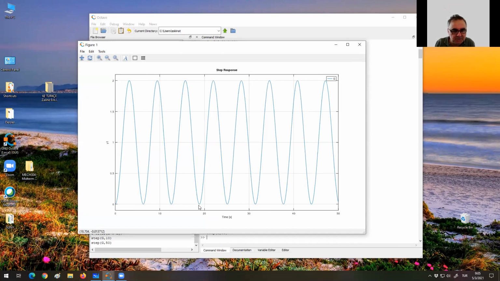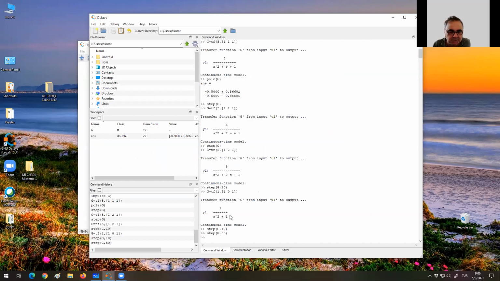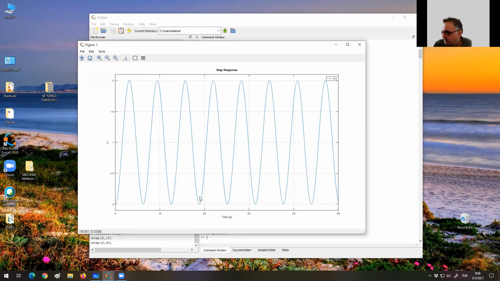And the period of oscillations is something like, let's say, 6 seconds or something. And that is 2 pi over omega n. 2 pi is 6.28. Omega n, as you see, is 1. So the period is like 6.28 seconds, as you see. Period of oscillations.